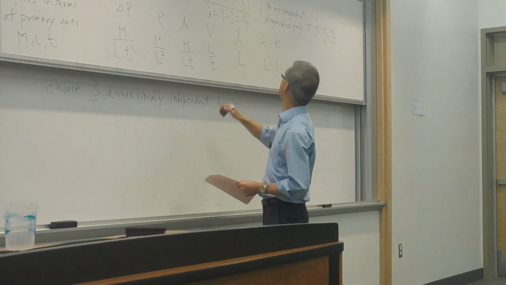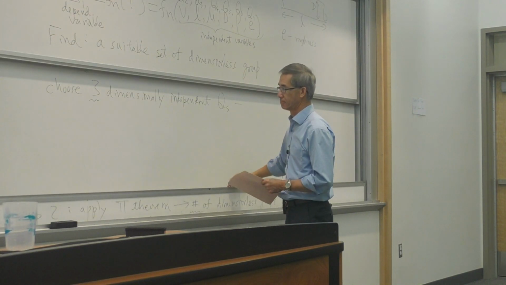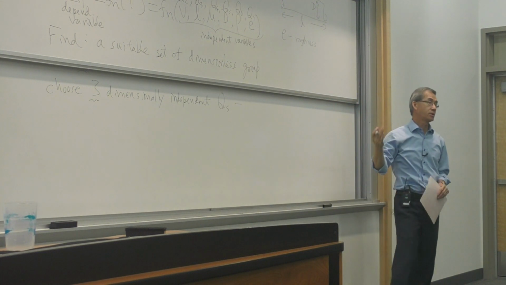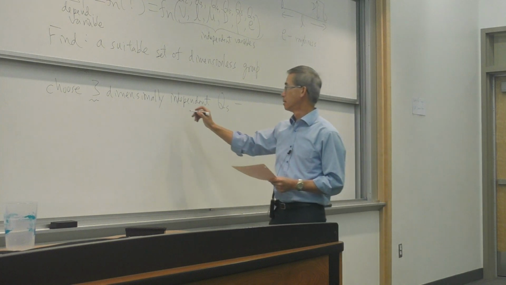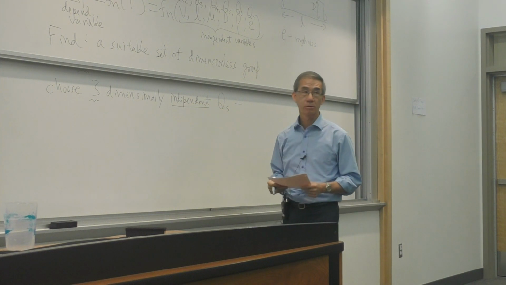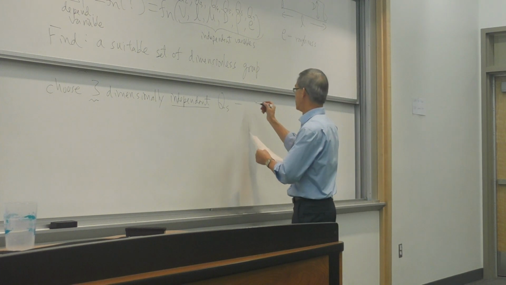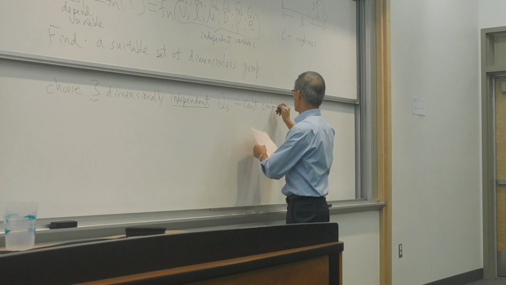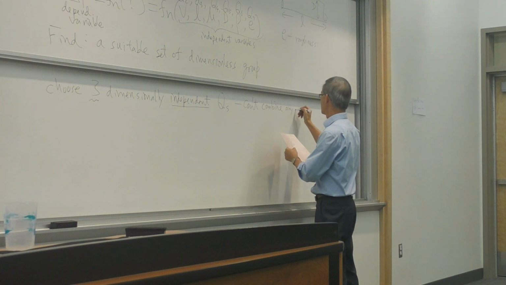The 6 are listed on the right-hand side. From that list of 6, I have to pick 3 with only one caveat: they must be independent dimensionally. That is where it becomes hard to comprehend. What do I mean by independent? And I use an example to illustrate that.